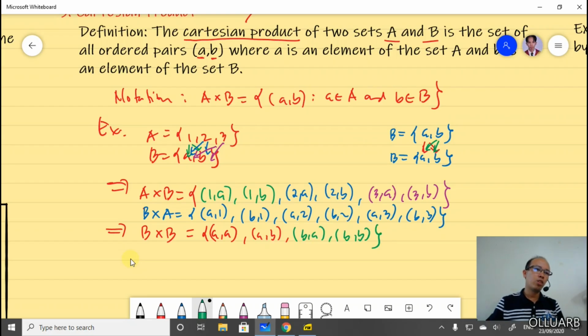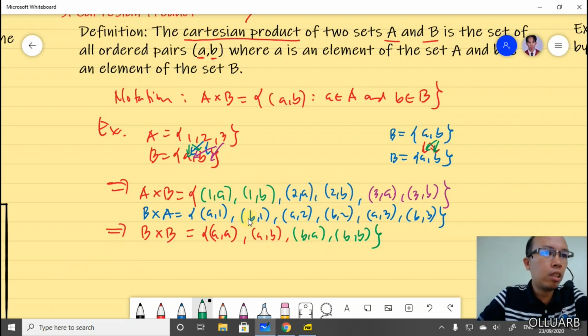Okay, so to make sure that you have a complete list of the elements of the Cartesian product, all you have to do is count the number, or get the cardinality, of the sets A and B and then multiply.